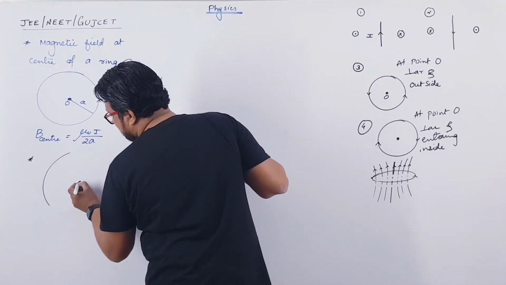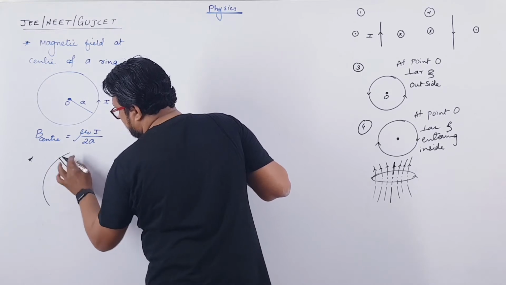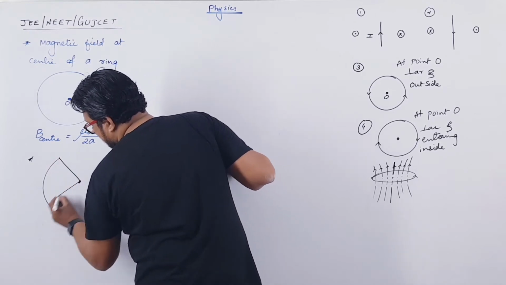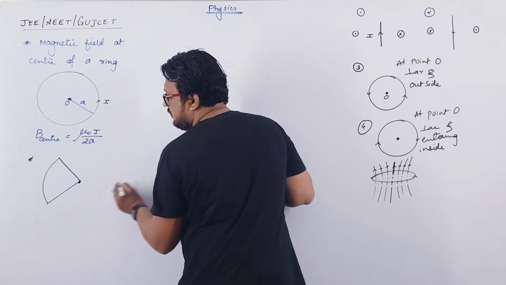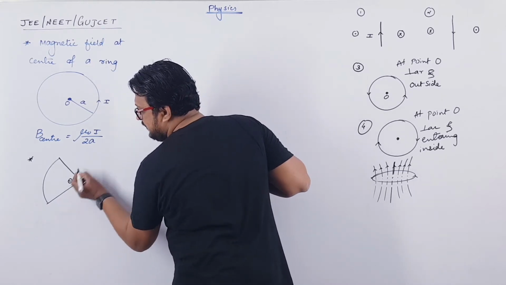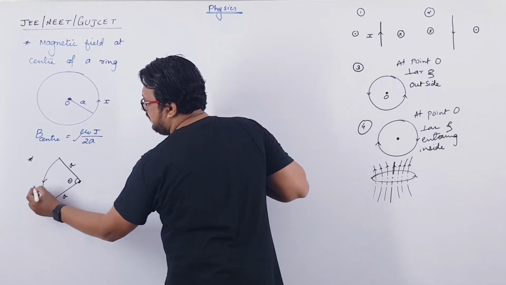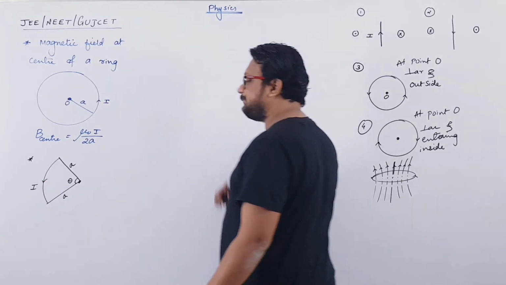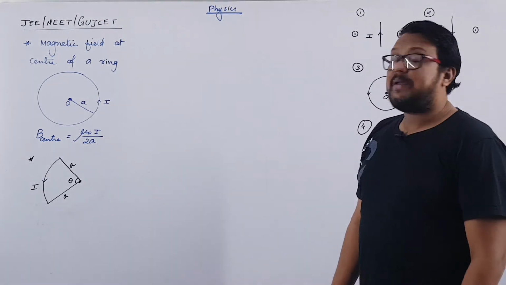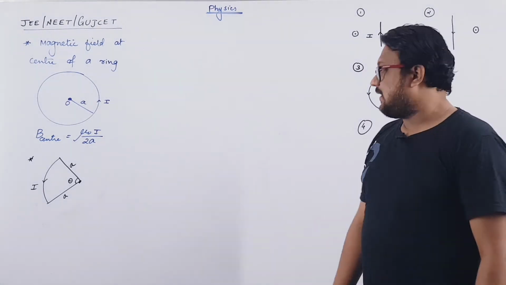Let us say this is the center and this is that arc. This arc is making angle theta. Radius we are going to take A only, right? And current is flowing through it in anti-clockwise direction, there is I. What will be the magnetic field at point O due to this arc?